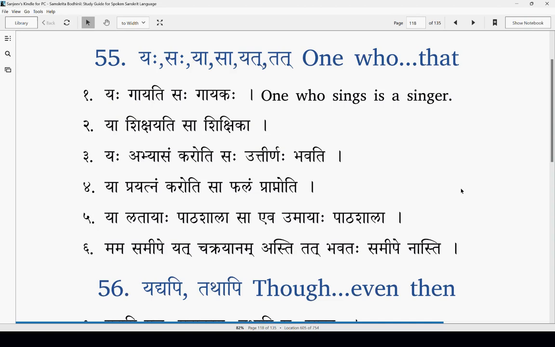So here, यस्य कार्यक्रमः अस्ति, whose program is there. कार्यक्रम is program, event. यस्य कार्यक्रमः अस्ति तत्र अहं गच्छामि.